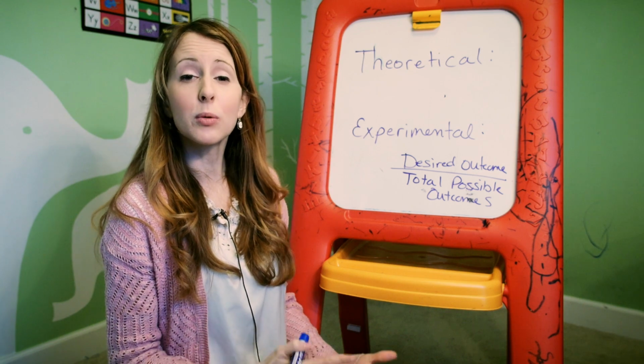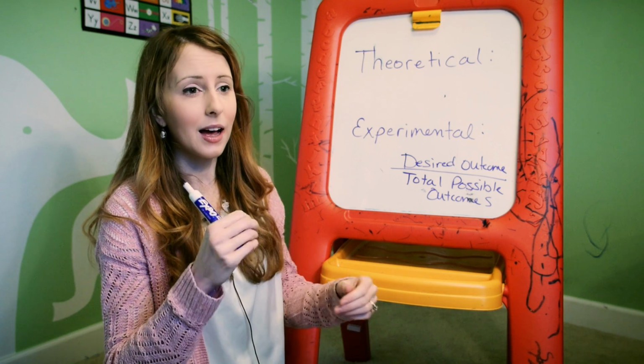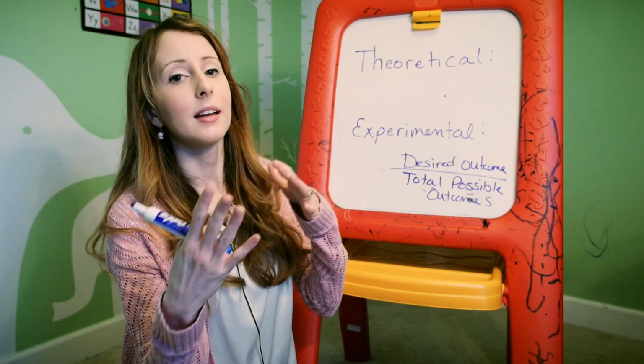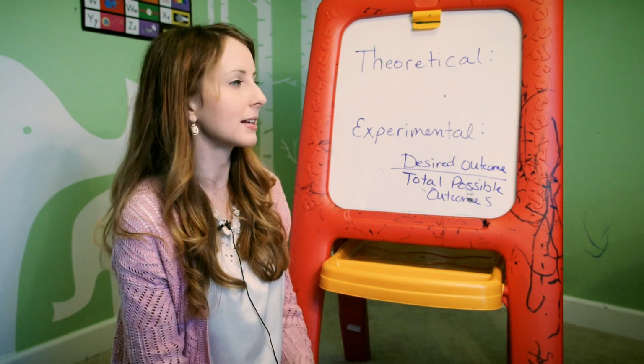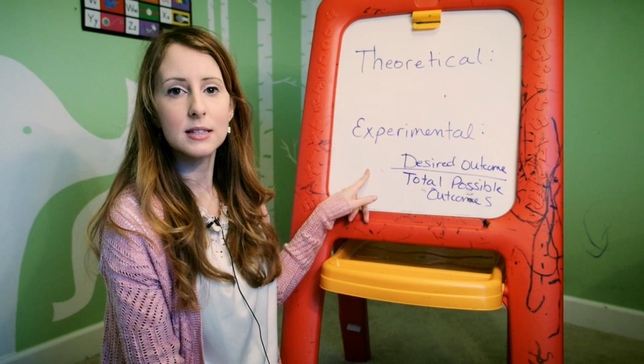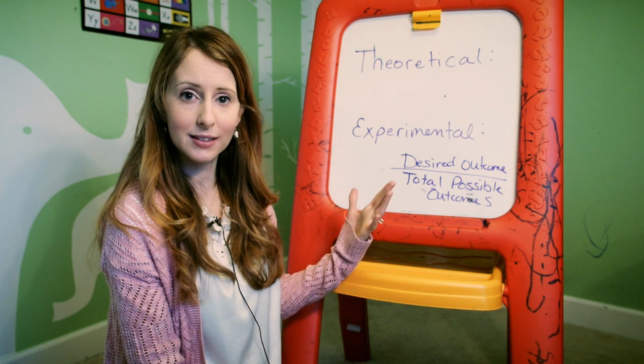And that would give you the theoretical probability of something landing on the square as opposed to the circle. Just an example. So theoretical uses formulas, experimental uses hands-on evidence.